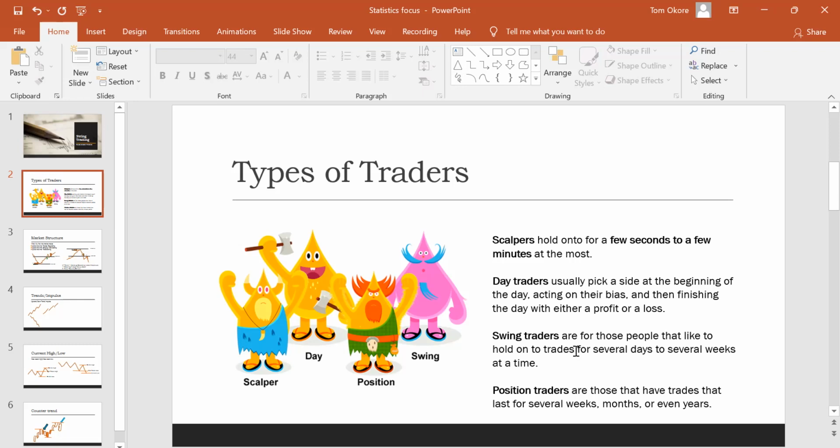It could even be a few hours. And then there are position traders. Position traders are people who take a position.